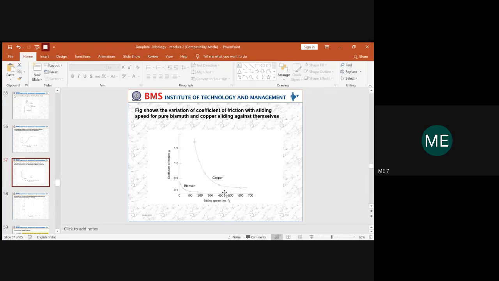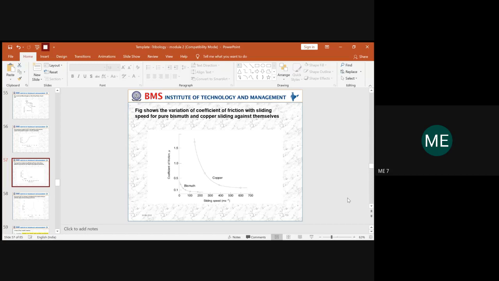But if you're using both surfaces made up of copper, then the coefficient of friction you'll get will be more. But here it is not with respect to the load, it is with respect to the sliding speed. Initially, you can see that the speed with which the bismuth and the copper are sliding is around 100 meter per second. And slightly it has been increasing until 700 meter per second. So as the speed is increasing, the coefficient of friction is also increasing.